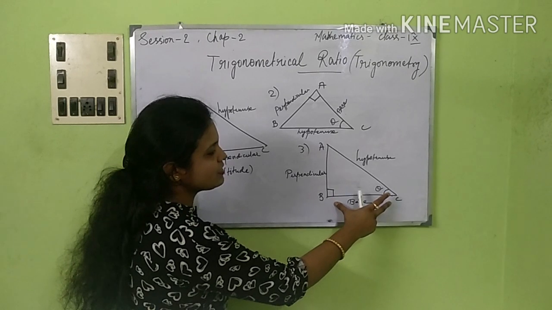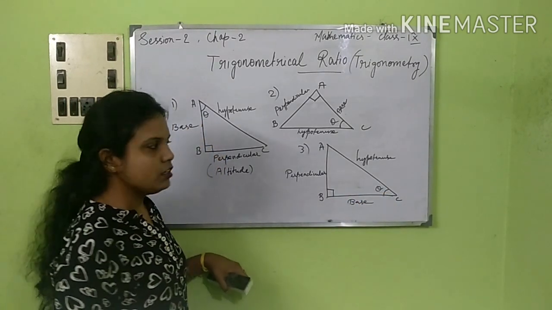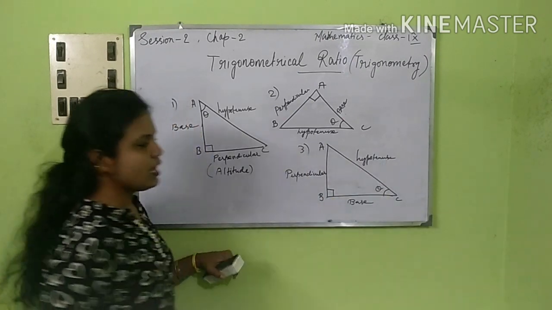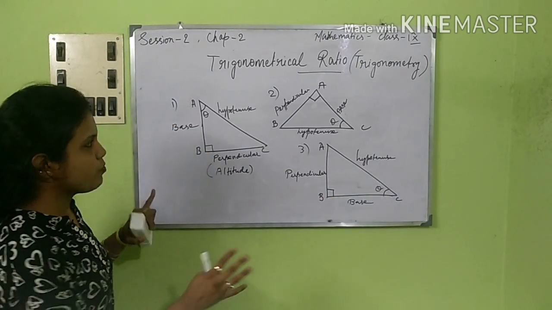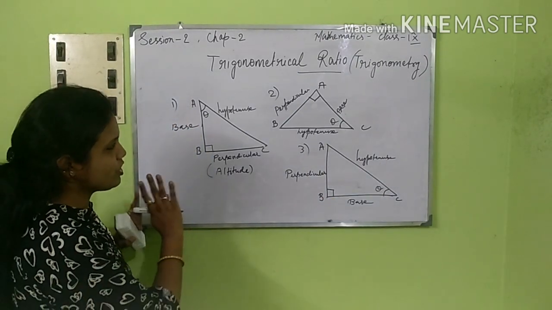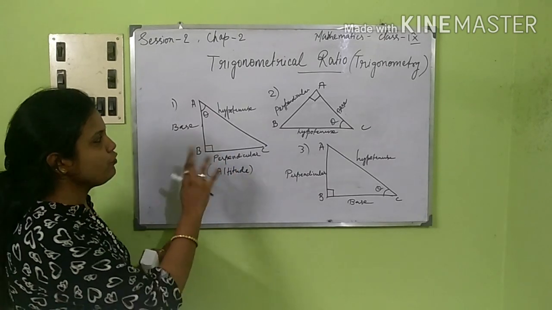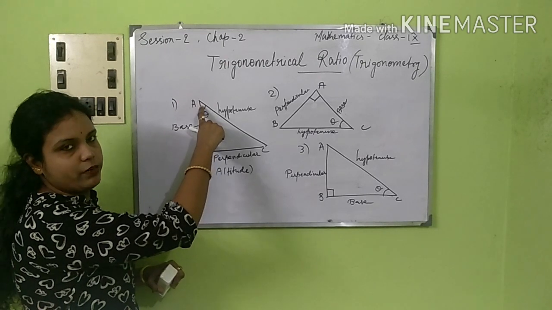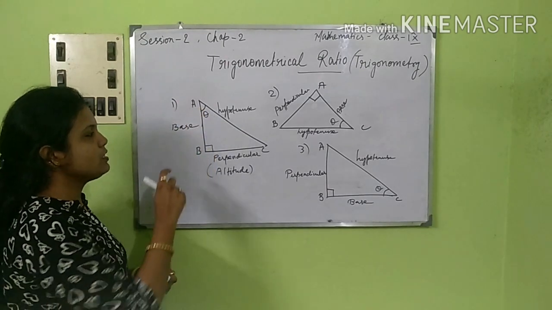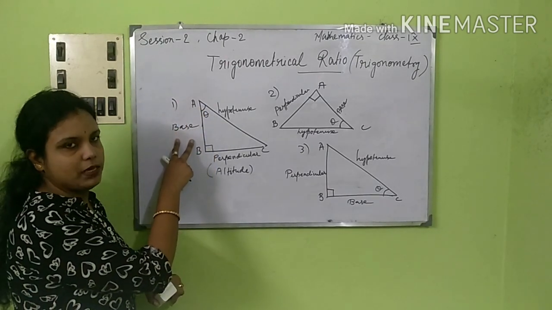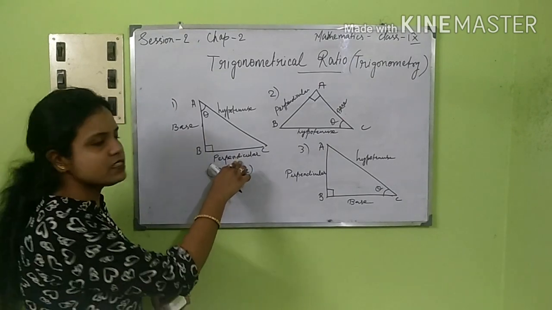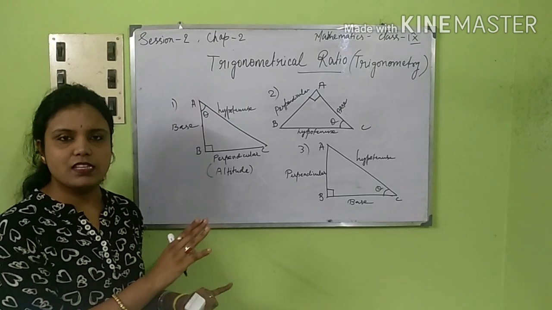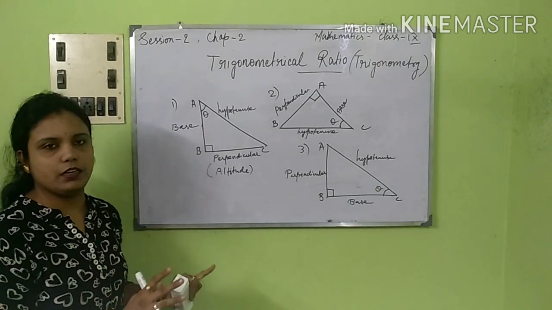So the base obviously will be this, the perpendicular will be next to it, and the longer side is the hypotenuse. So please remember, whichever triangle is given, make sure that the acute angle and the right angle lie on both ends of the side which is taken as the base, and the other side will be taken as the perpendicular. I hope I'm clear to you. I'll come with examples, and I think the idea will be clear to you.